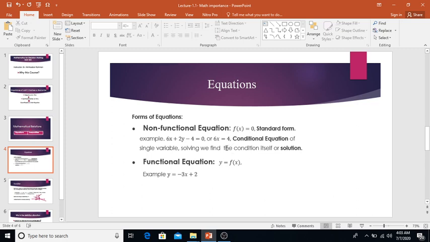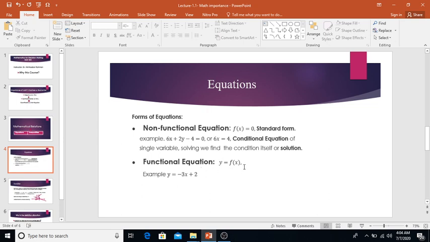Because when we have a standard form equation with single variable, we solve it and find the condition itself, which is in fact called solution. If 6x equal to 4, we know condition is x equal to 2 by 3, which is our solution.